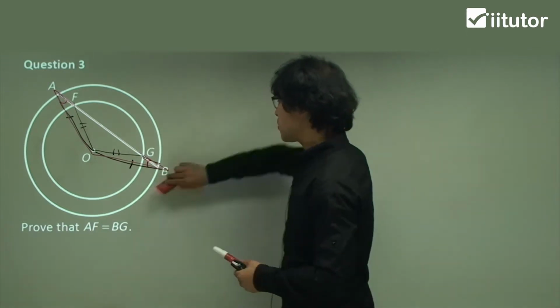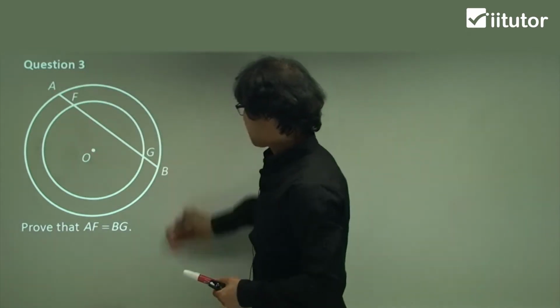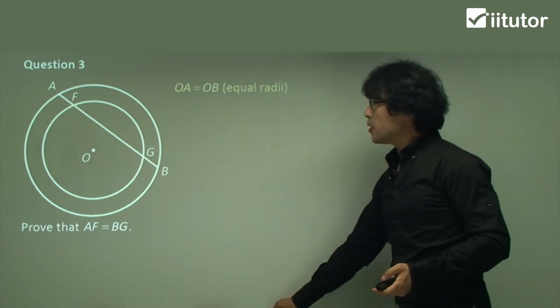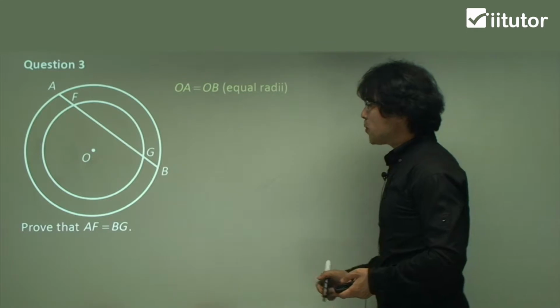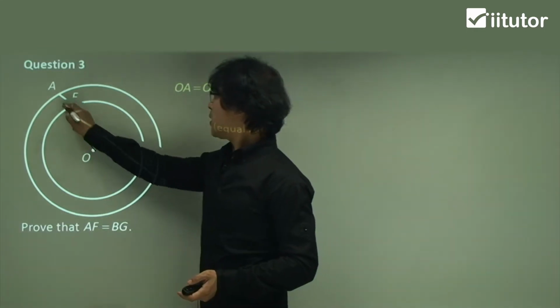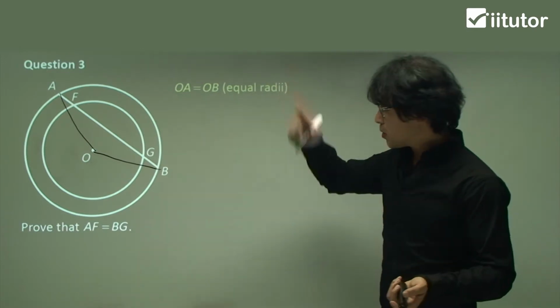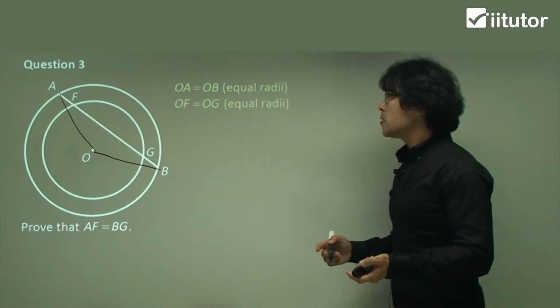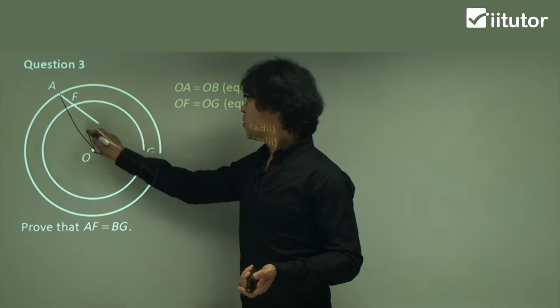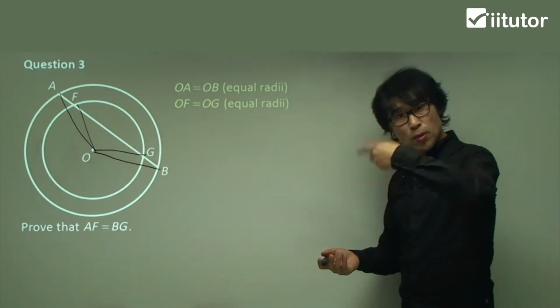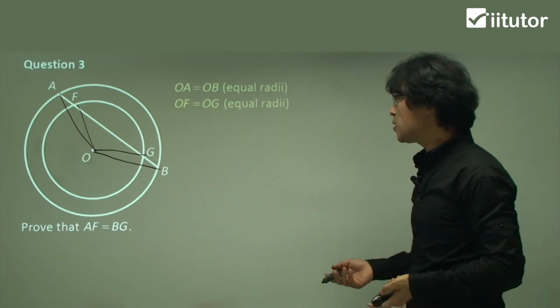Okay, I'll show you how to write this one. What's the first step that you want to write, guys? OA is equal to OB, so equal radii, same radii in the big circle. What's next? Same thing. OF is equal to OG, same equal radii, within the smaller circle.